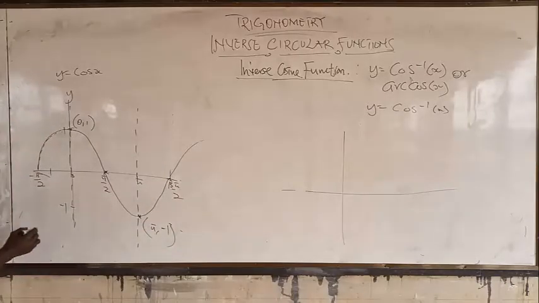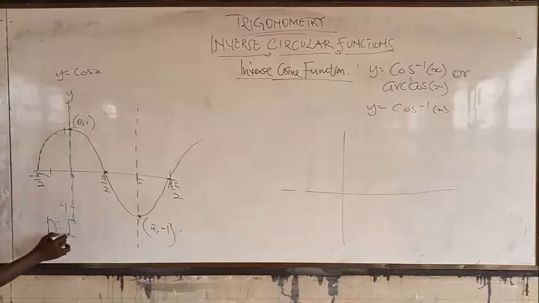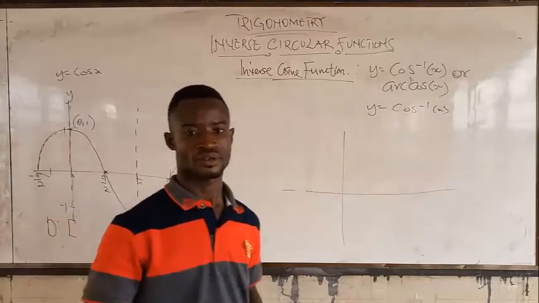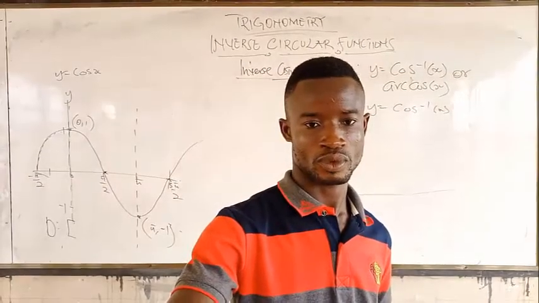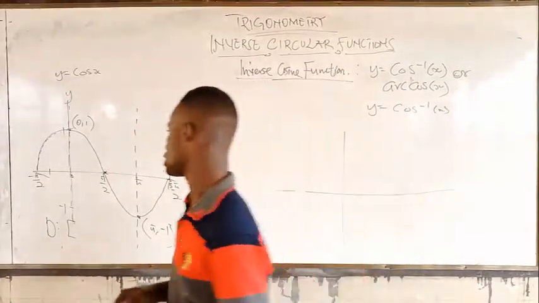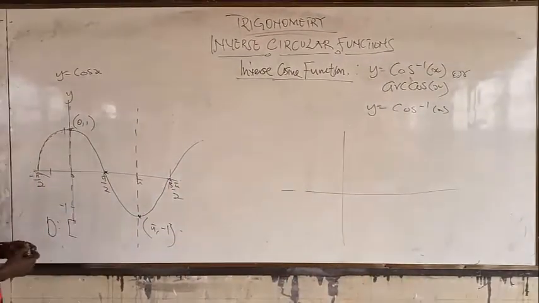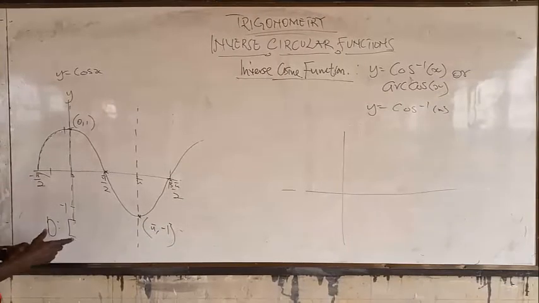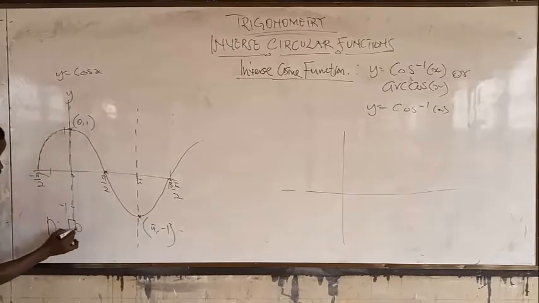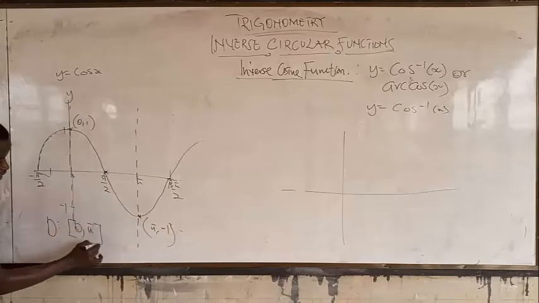So you can see the domain for cosine. For it to be one-to-one, we need to restrict the domain from 0 to pi.